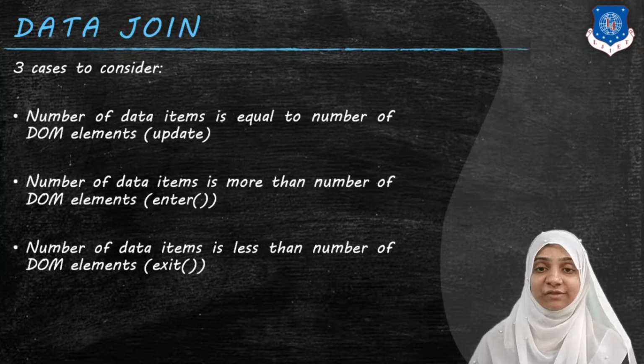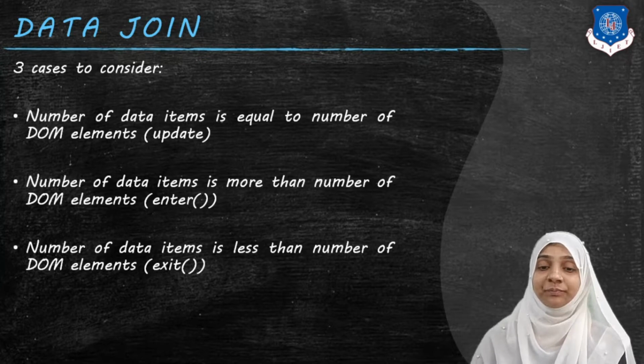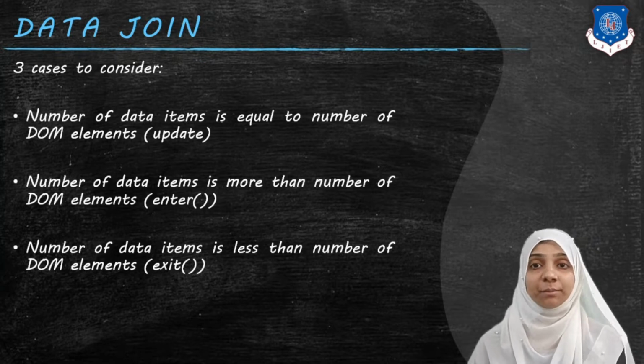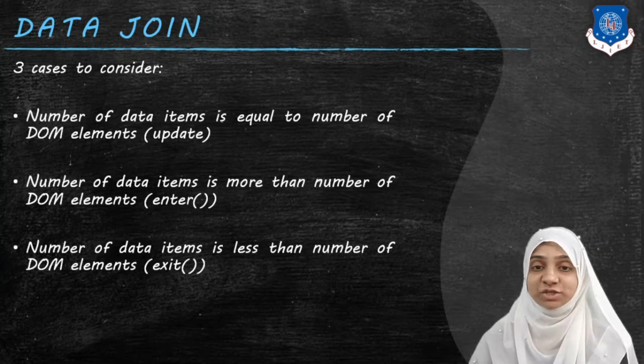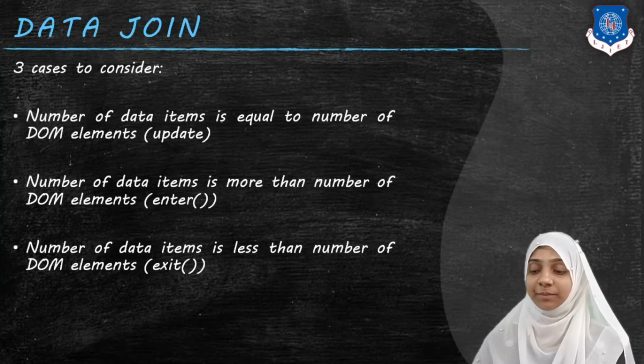Another case will arise when the number of data items is more as compared to DOM elements. In that case, we are going to make use of the enter method. The third case arises when the number of data items is less as compared to the number of elements over a web page. We will look into each in detail with the help of one example.